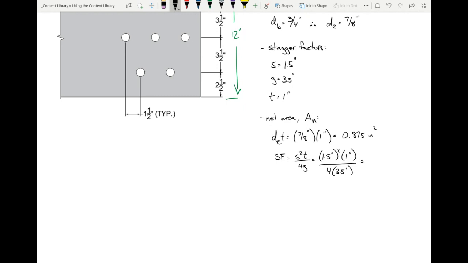So what do we have here? Does anybody have an answer for this? $0.161. All right, do I have a second on that?